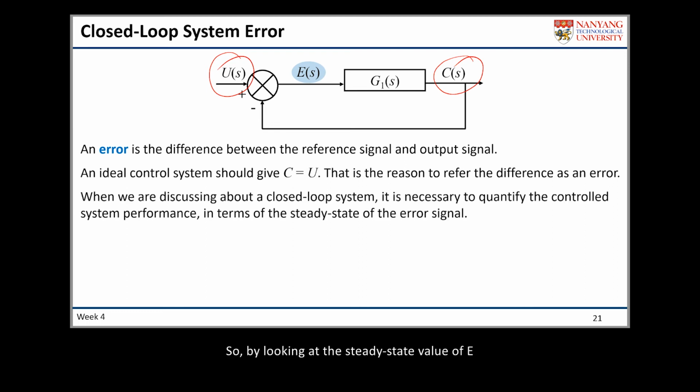So, by looking at the steady state value of E, the error, we should be able to assess the performance of the system in terms of accuracy. If the steady state value of E is equal to 0, that means you have an accurate closed loop system. That means you have an accurate air conditioning system.